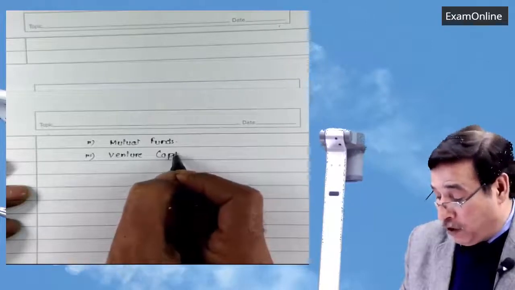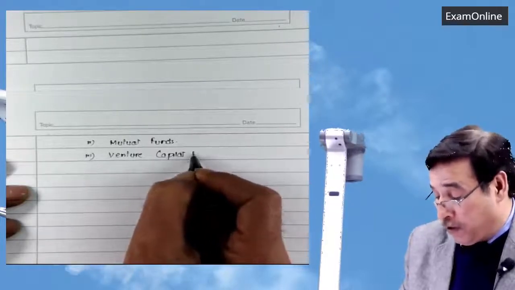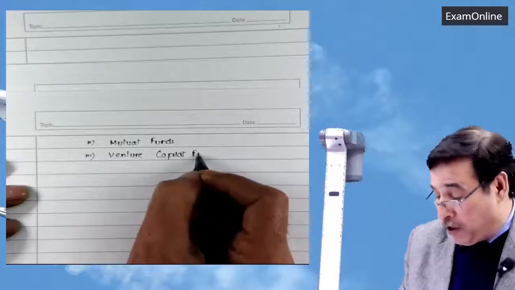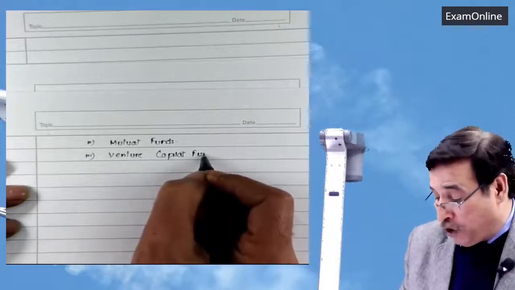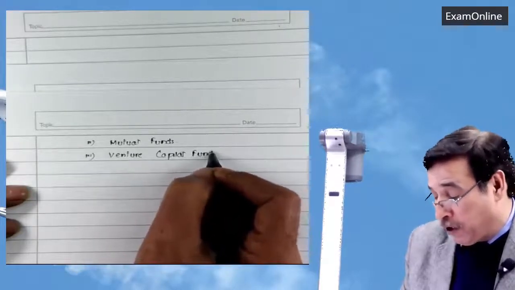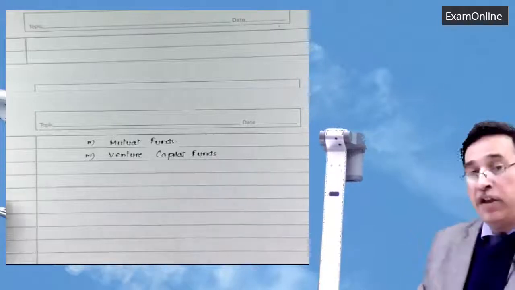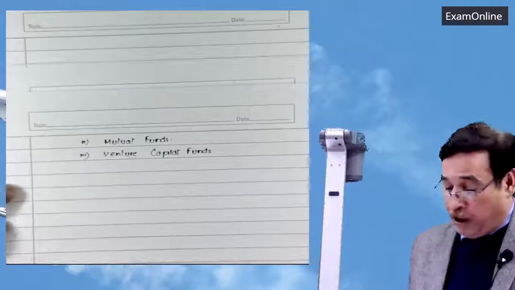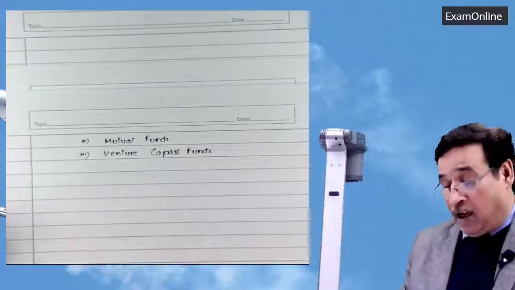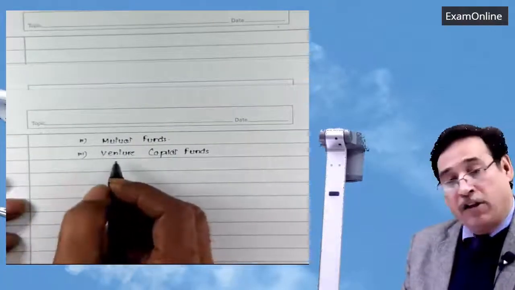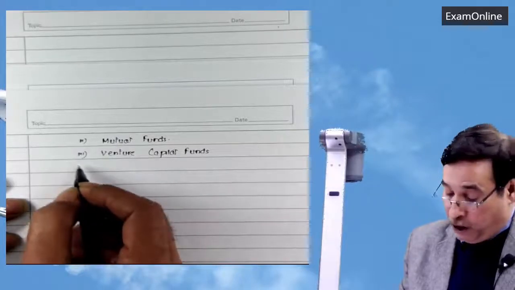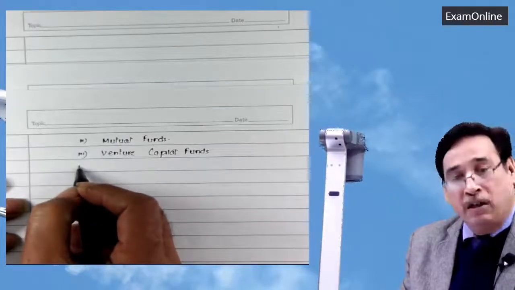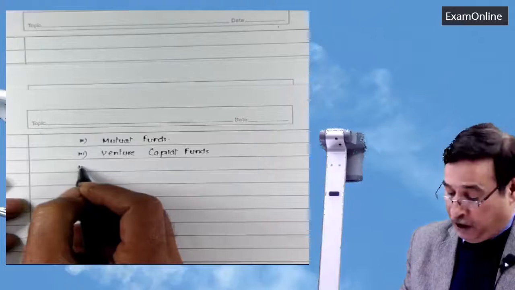AS13 also does not apply to venture capital funds. Venture capital funds means when two or more entities associate themselves and invest in a particular project. There are separate regulatory bodies which cover the accounting aspects of these, so they are kept outside the purview of AS13.